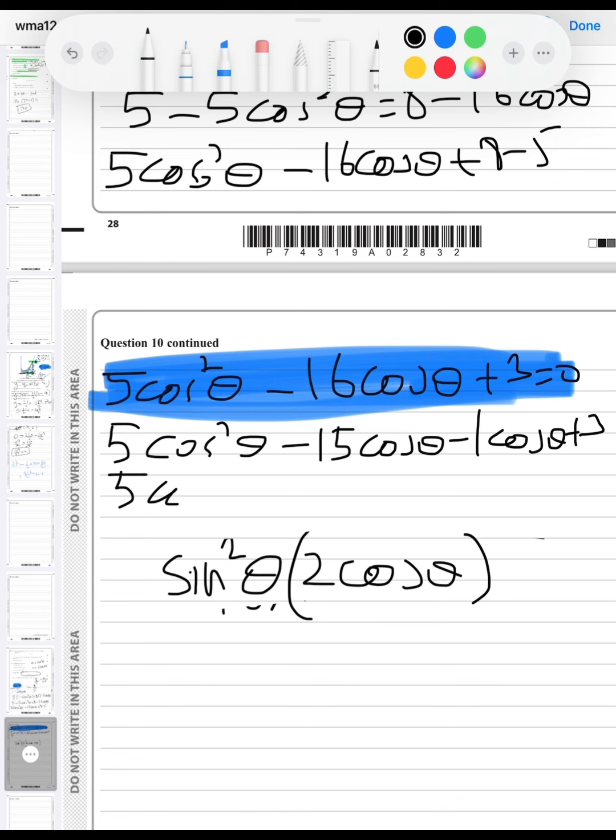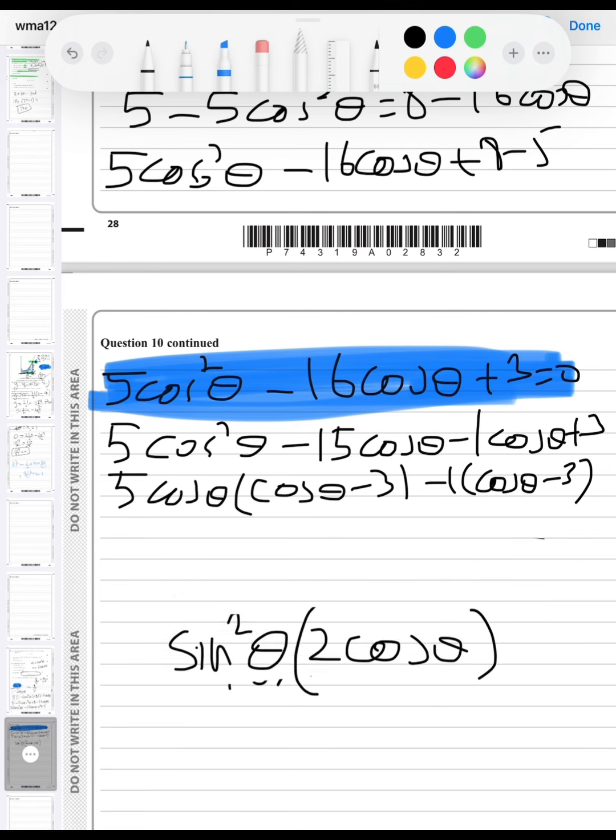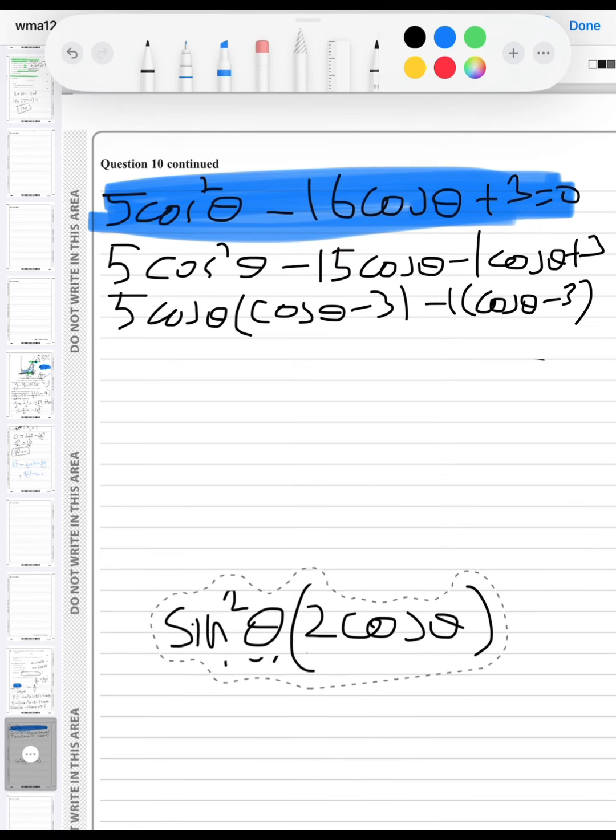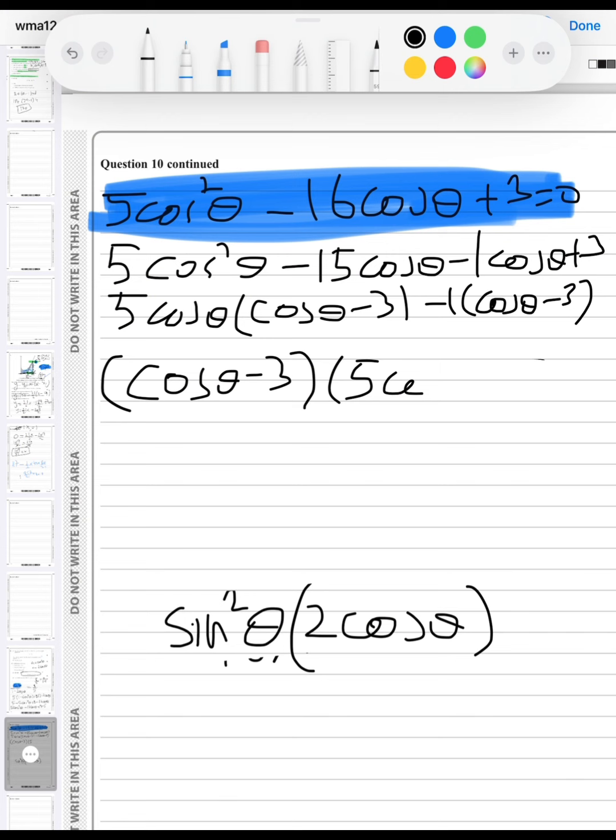Taking 5 cos theta as common from here, this will be left as minus 3. Taking 1 as common, nothing else is common here, so this turns into cos theta minus 3 and 5 cos theta minus 1 equals 0.